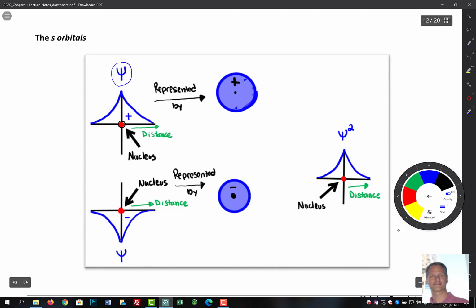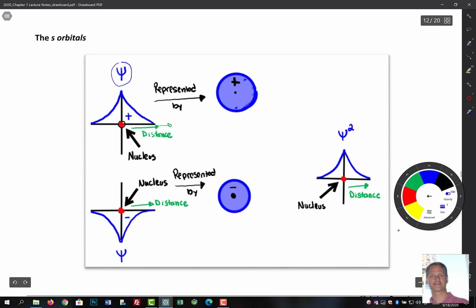As we go off to the right, you are going farther and farther from the nucleus. That's your positive answer. Then down below, you have your negative answer to the wave function of the s orbital. We don't usually draw them out like this when we're talking about orbitals. We draw them with circles and a positive or a negative sign.